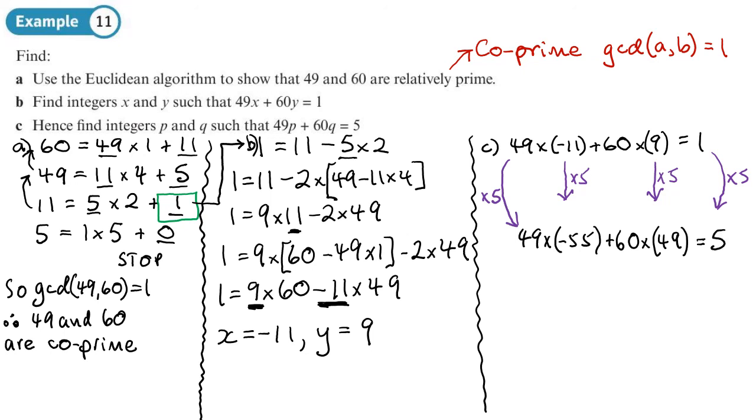And we can check that on our calculator. And that works, that checks out. So P is equal to negative 55 and Q is equal to, my multiplication is not right. 9 times 5 is 45, not 49. Q equals 45.